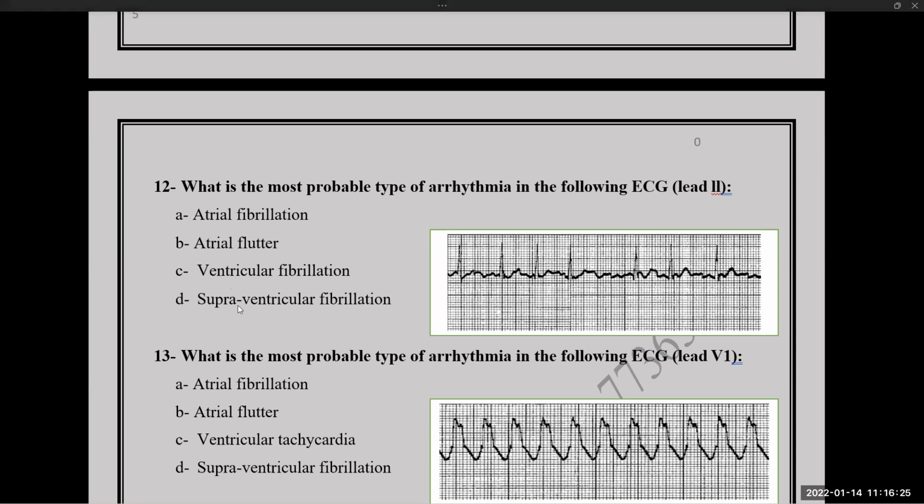So it is not related with ventricular fibrillation or any ventricular abnormality. So you can remove C, and it is either atrial fibrillation or atrial flutter. Here the P wave looks wavy, so it is atrial fibrillation.